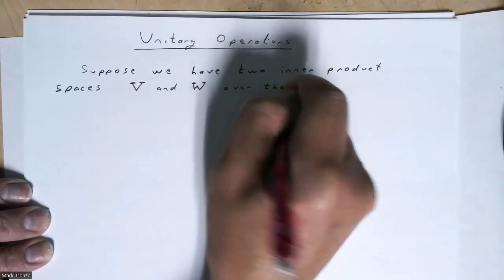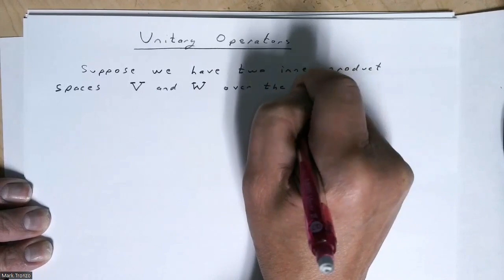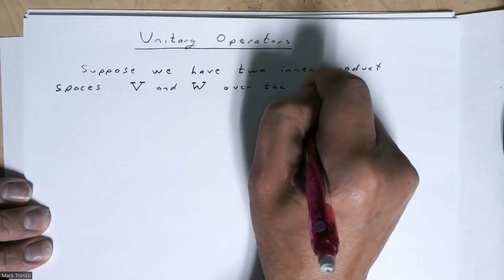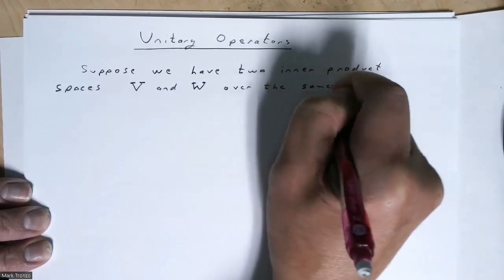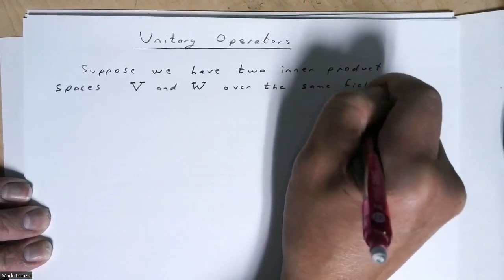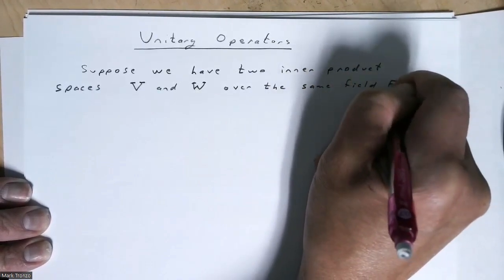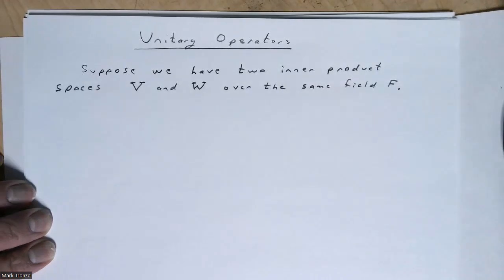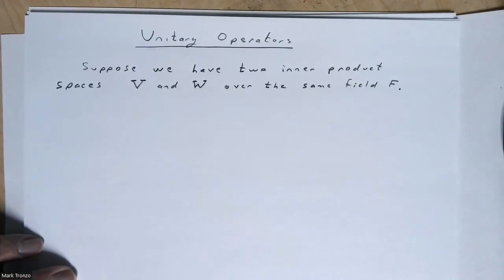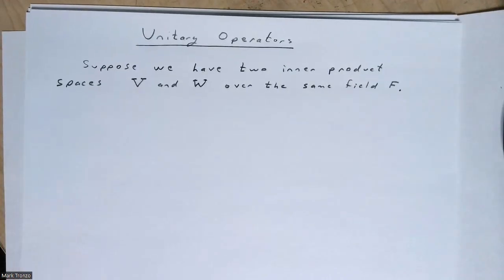We're going to be dealing with the field of real numbers. And so we have these two inner product spaces. Of course, remember, inner product spaces are vector spaces that have an inner product defined on them.